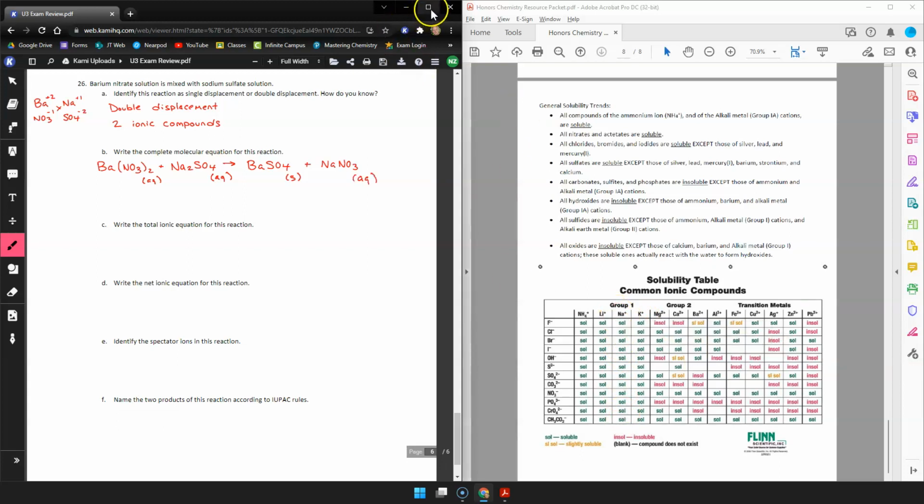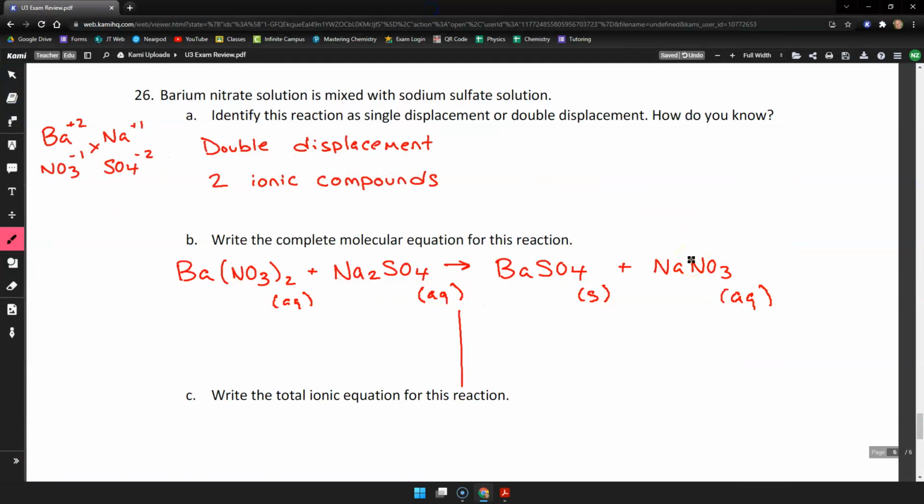Okay, so let's balance this. So we have barium, nitrate, sodium, sulfate. Okay, so 1, 2, 2, 1, 1, 1, 1, 1. All right, this one's an easy fix. I'm just going to throw a 2 here. That makes this a 2. That makes that a 2.